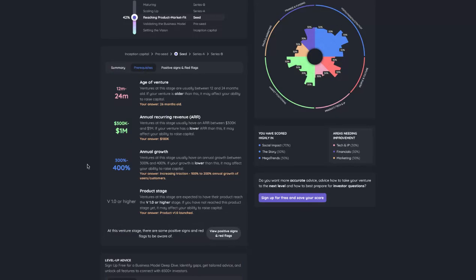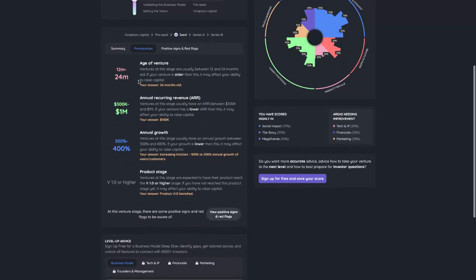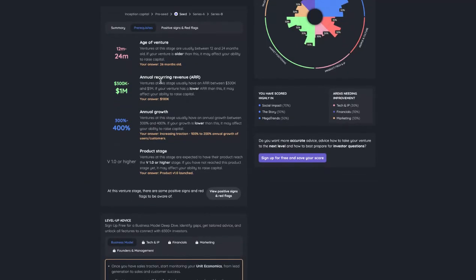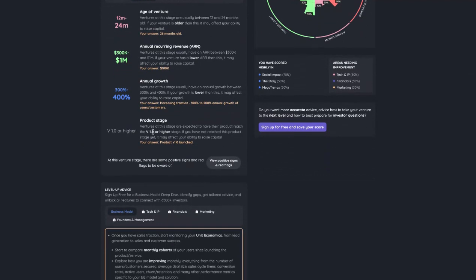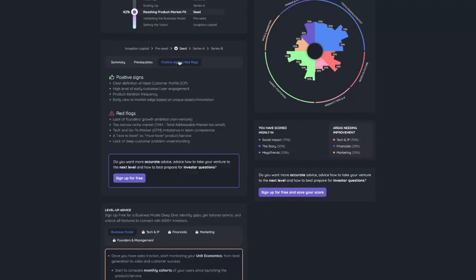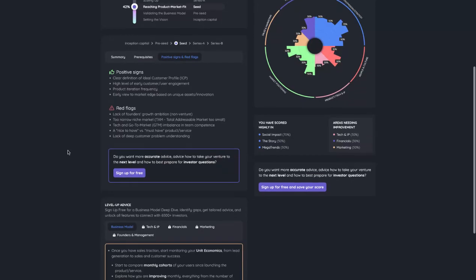Also, you can click on prerequisites to give you an idea of the typical age of a startup at this level, the typical expected revenue run rate, the growth rate, the product stage, and also positive signals and red flags, things to look out for at this stage.